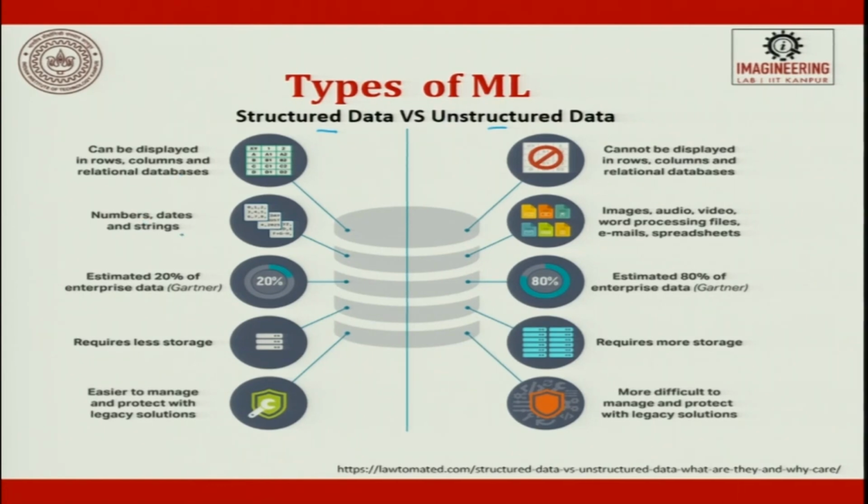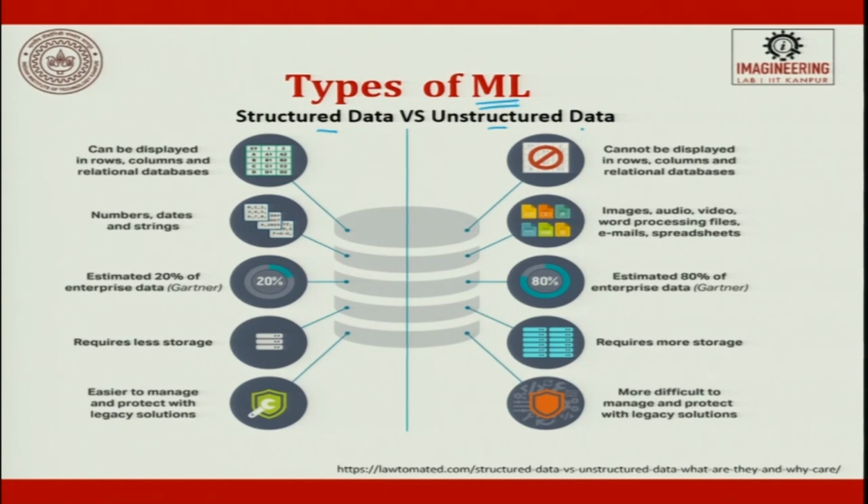Structured data has numbers, dates and strings. Estimated 20% of the enterprise data is structured data. It requires less storage space because you go through an Excel file for storing and a relational database to be used. It is easier to make and protect with legal solutions. These are all the structured data which is part of machine learning.